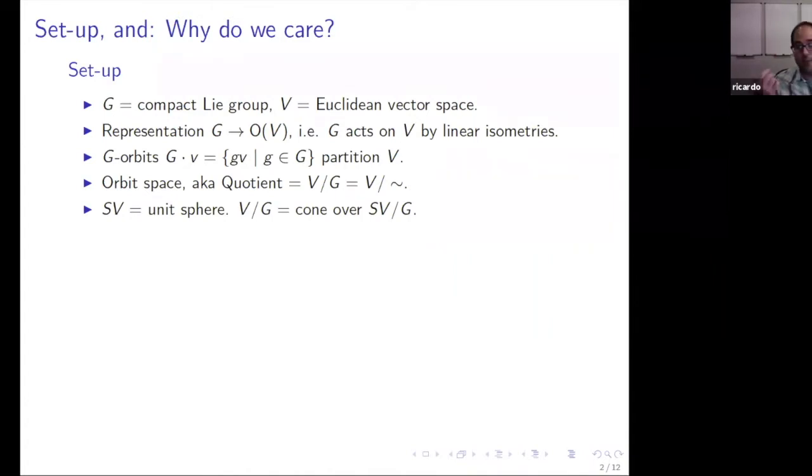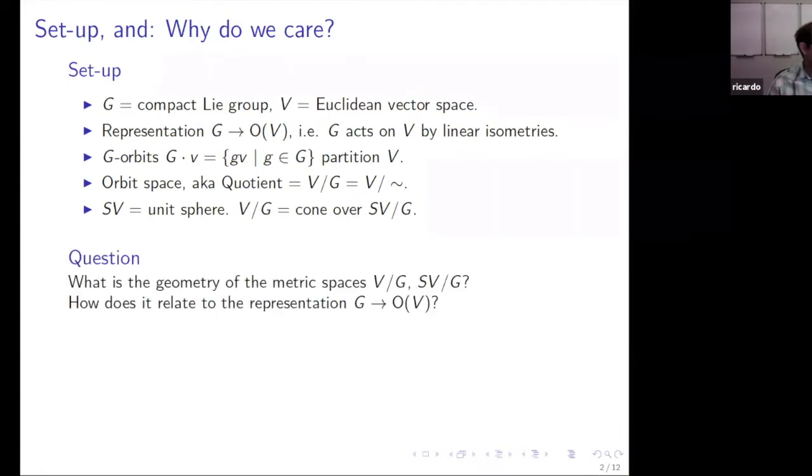These are metric spaces, and on the sphere I take the intrinsic metric to get started. So we're talking about angles as distances there. The question I want to approach today is, let's study these metric spaces, the quotients V mod G or SV mod G. What is their geometry?